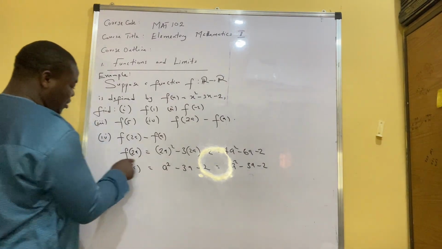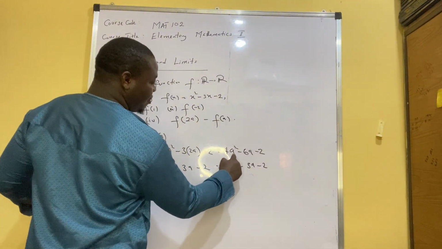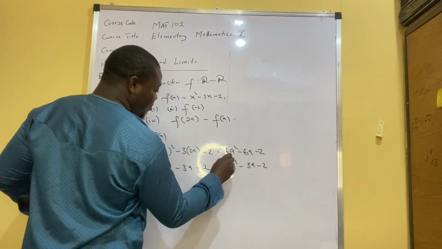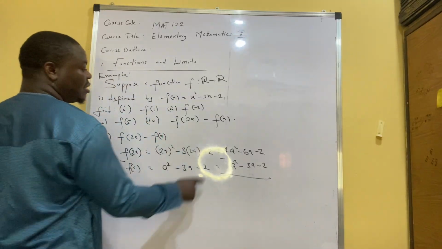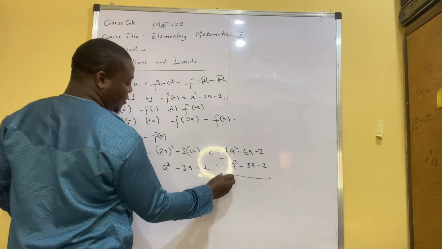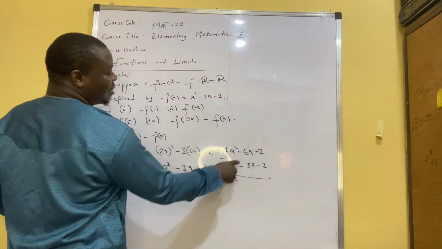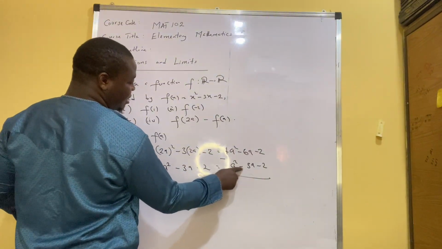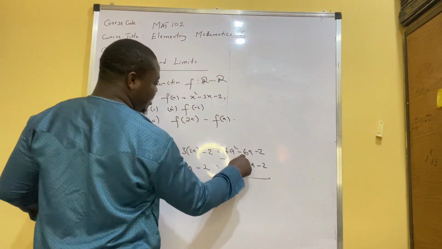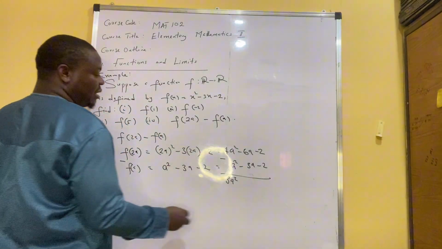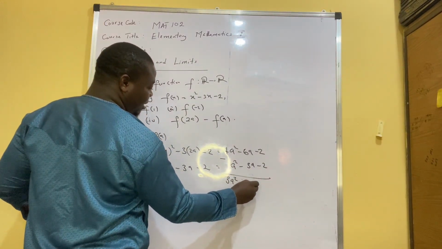So that means f of 2a minus f of a implies 4a squared minus 6a minus 2 minus (a squared minus 3a minus 2). So we want to simplify this now. We have 4a squared minus a squared, that will give you 3a squared. Now minus 6a minus minus 3a. So minus minus means minus times minus, that will give us plus. So we have minus 6a plus 3a, and that will give us minus 3a.